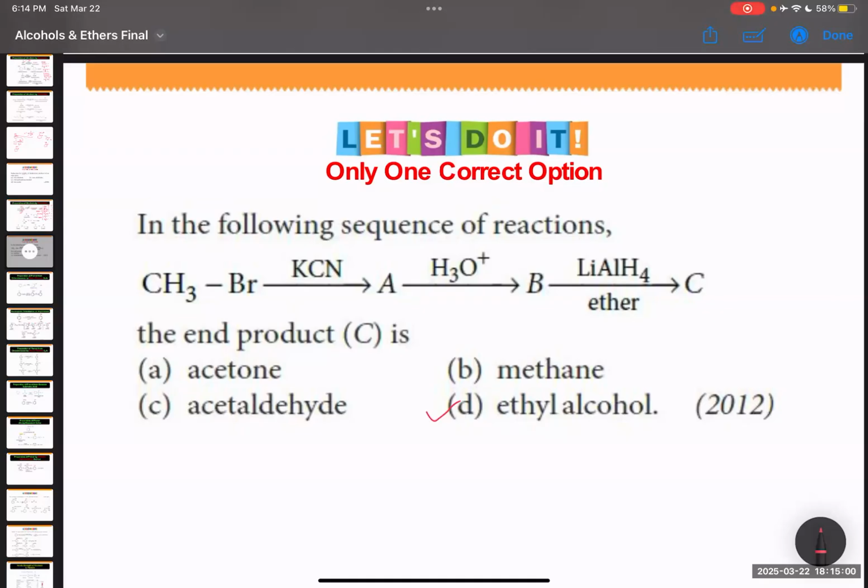Okay, let me do it quickly. This is cyanide. First reaction is SN2, Br is going to come out. You are going to get CH3CN. H3O plus, you will hydrolyze it completely. H plus is going to come on the nitrogen and OH is going to come on the carbon.